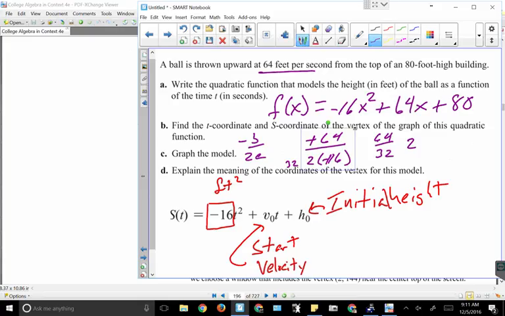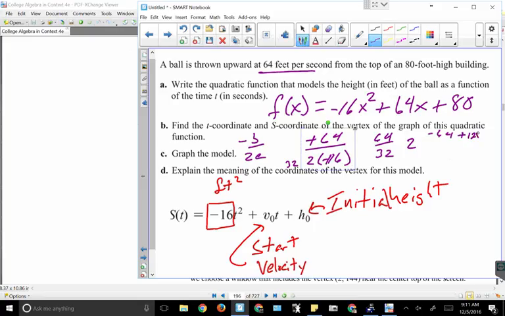Is that reasonable? Think about what happens. So if it's 2 seconds in, what's the height going to be? Well, it's going to be 2 squared, which is going to be 4, correct? 4 times negative 16 is negative 64, correct? Yes? So I've got negative 64. Put in 2 here, 2 times 64, that's 128, correct?